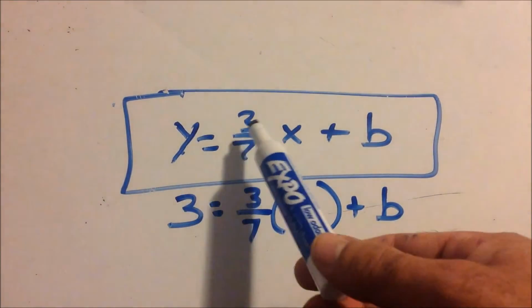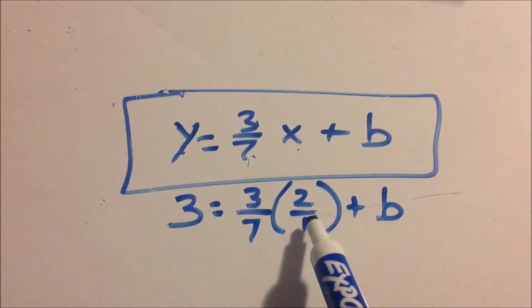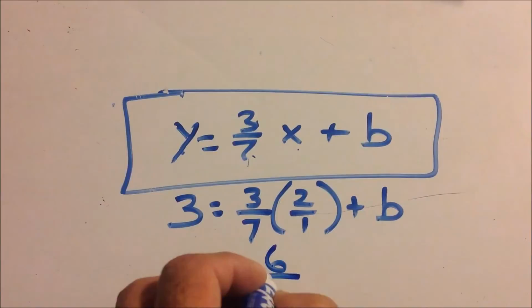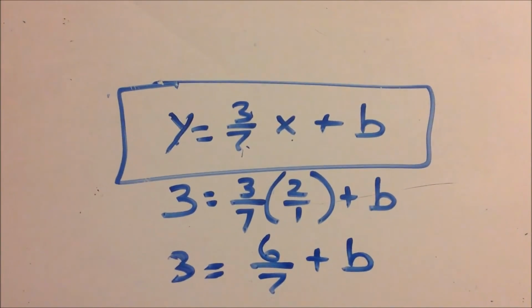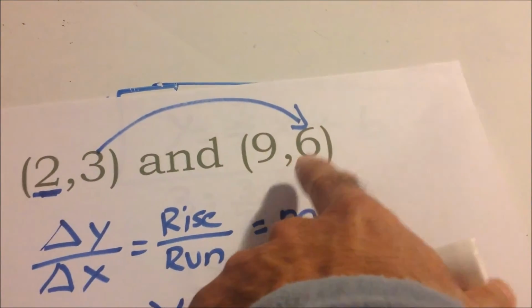Now, remember, this is saying 3/7 times x. 3/7 times 2 will give us 6/7. We still haven't found out what b is. Again, we could have used 9 and 6, and we would have got the same answer anyway.